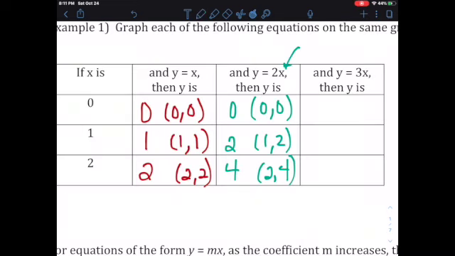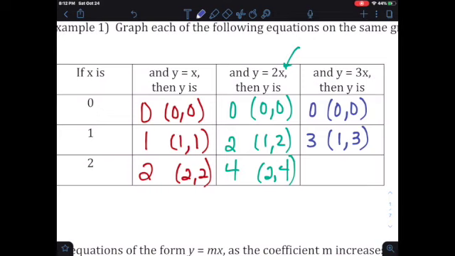Now on to the third line. The third line is y equals 3x. So when x equals 0, when you plug it in, that's going to be 0. Let me use a different color. That's going to be 0, 0. And then if you plug in 1, that's 3 times 1, which is 3, so that's 1, 3.